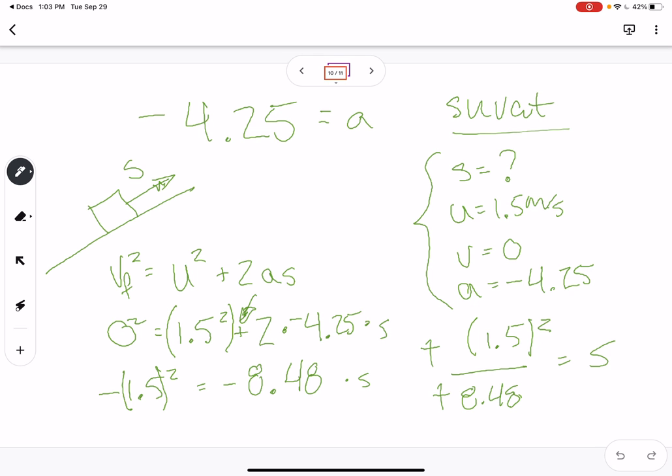If you guys would plug that into a calculator really fast, 1.5 times 1.5 over 8.48, what do you get? Jay, I haven't heard from you. What did you get? 0.265 meters. Did anybody else get the same thing? All right, a bunch of thumbs up, Audie. Good job, buddy. Thank you for volunteering your answer.